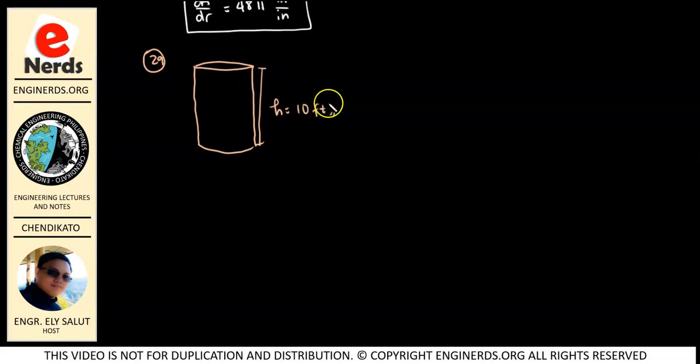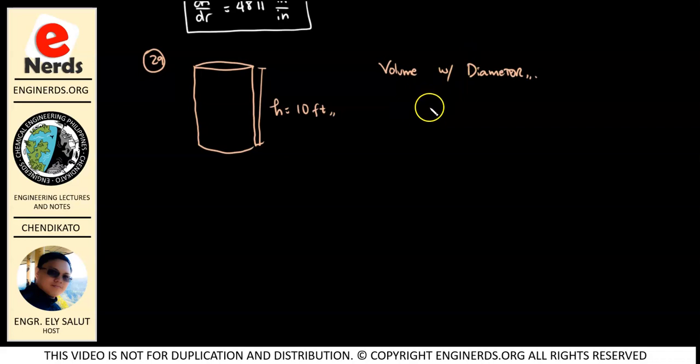Now, we have to be cautious dito sa ating question, no? Because the question states that the volume of the right circular cylinder, so yung volume niya, is changing with respect to the diameter. Okay, so we need to take note of that. Hindi volume with respect to the radius, no? So it's mentioned here clearly that it changes with respect to its diameter.